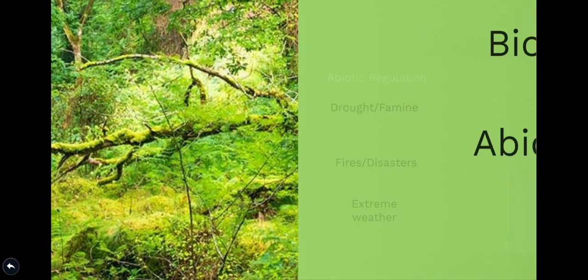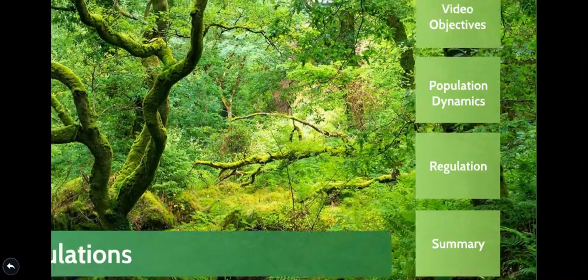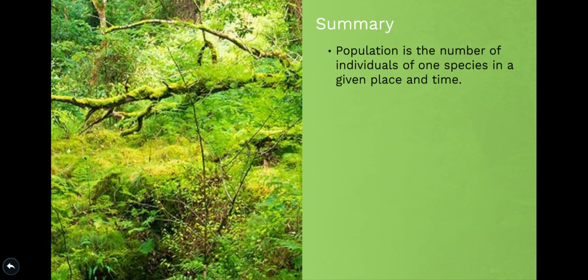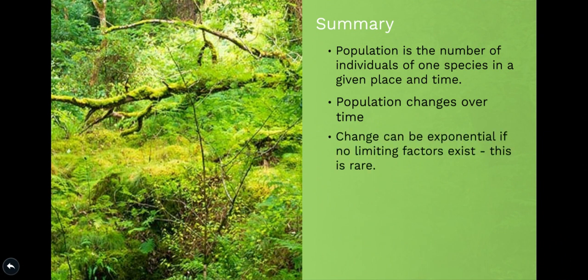So in summary, we understand that population is the number of individuals of one species in a given place and a given time. Population changes over time. We call that population dynamics, and change can be exponential if no limiting factors exist.